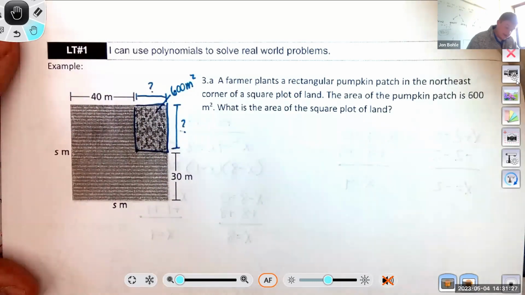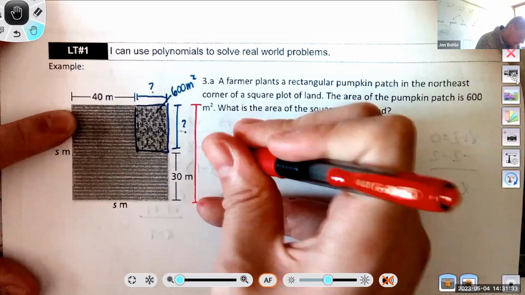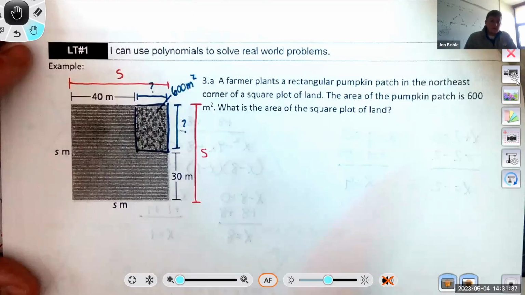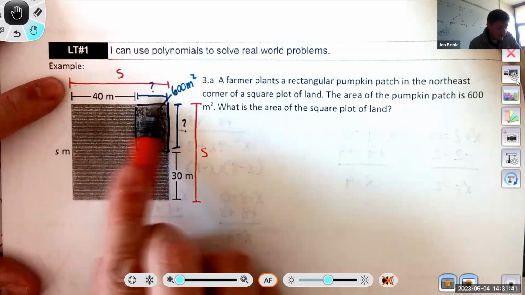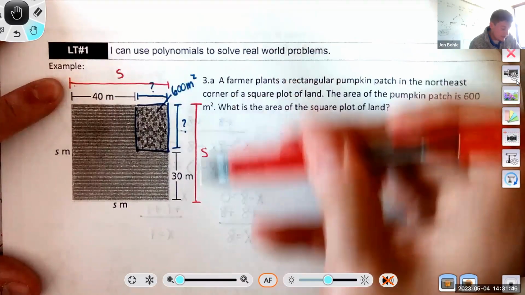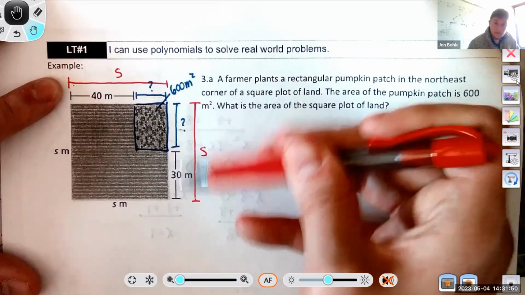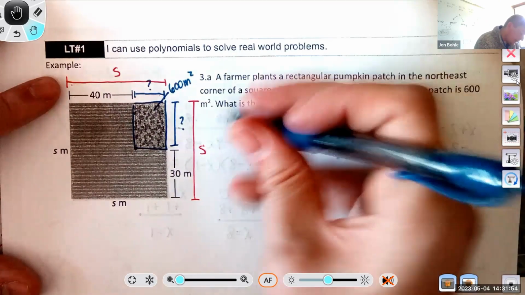I know that this is length S, and this is also length S. So if this is the total length here, this distance is going to be the total length minus 40. And this here would be the total length minus 30.